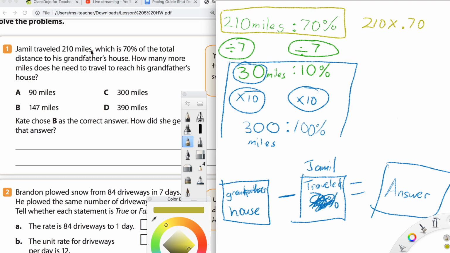A lot of you guys do that too. Next time, make sure you read the problem, because a lot of you will look at these two numbers and just multiply them out. You have to see what they're asking you. You have to look for the words. How many more miles? That already told me there were going to be two steps to this problem, the final one being subtracting, but we are showing our work.